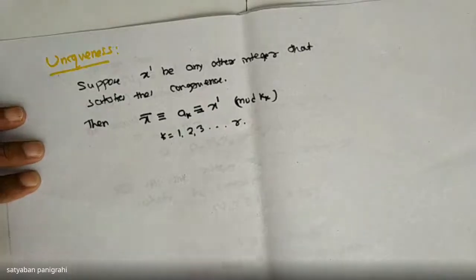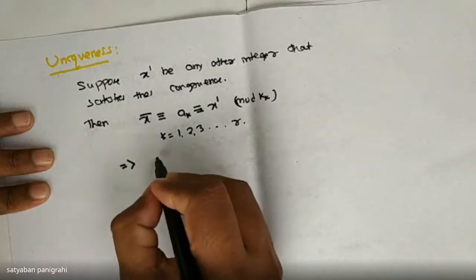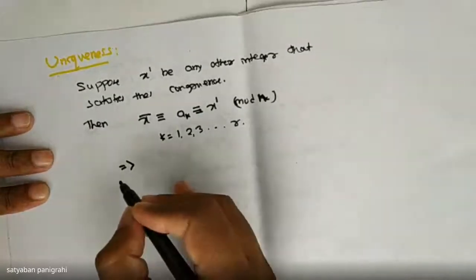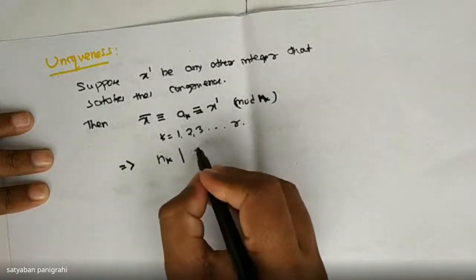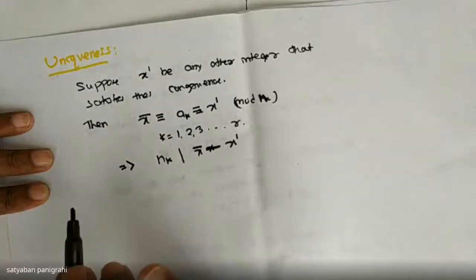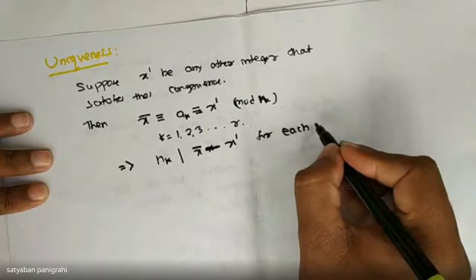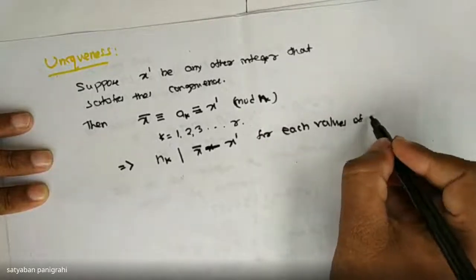Now from here, this implies we must have Nk divides x bar minus x dash. This is for each value of k.